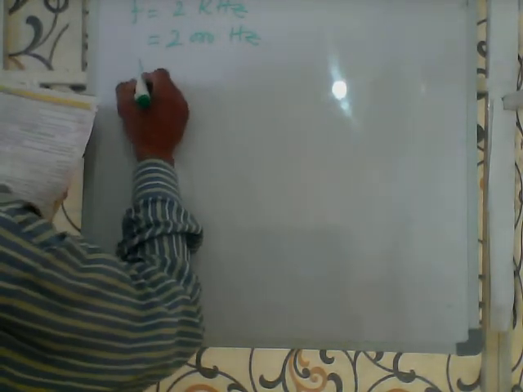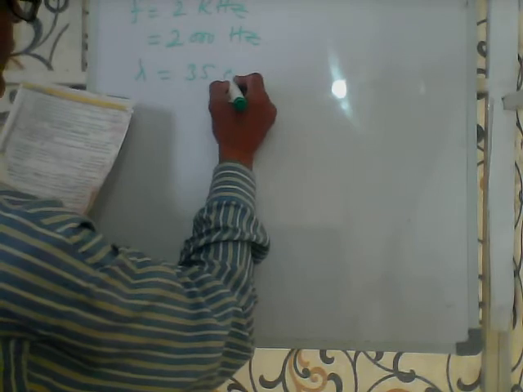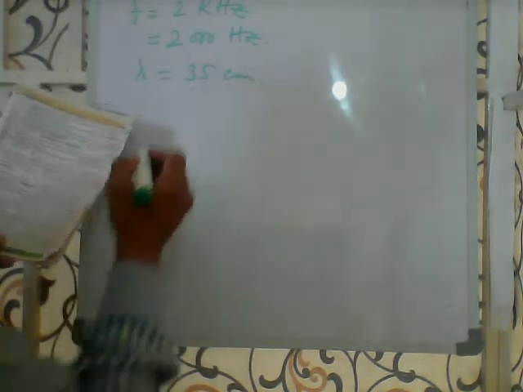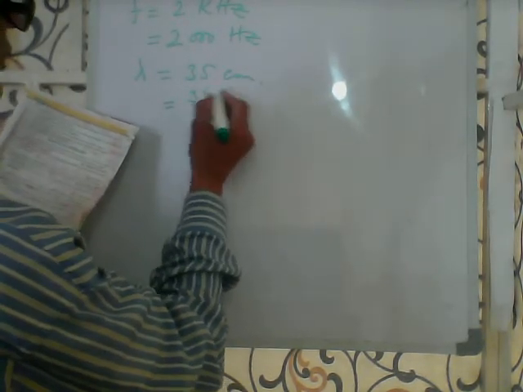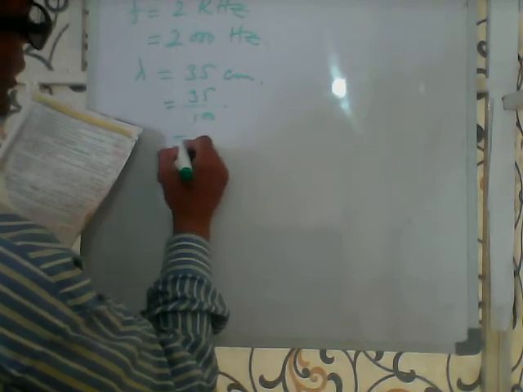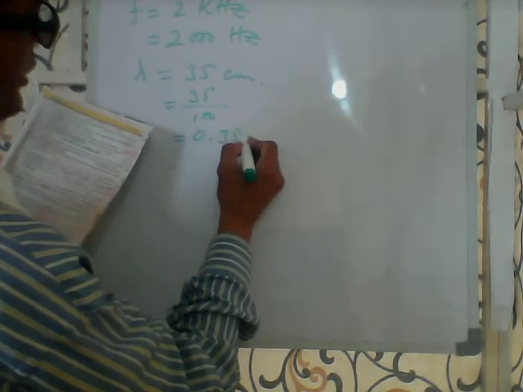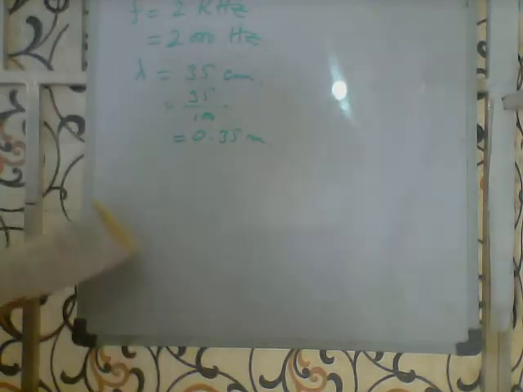Wavelength lambda is equal to 35 centimeter, which is 35 centimeter divided by 100. We got 0.35 meter.